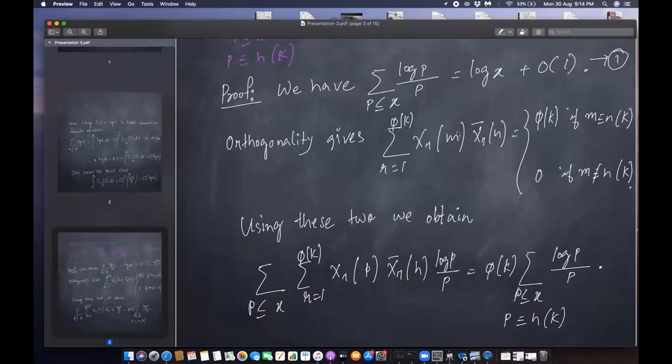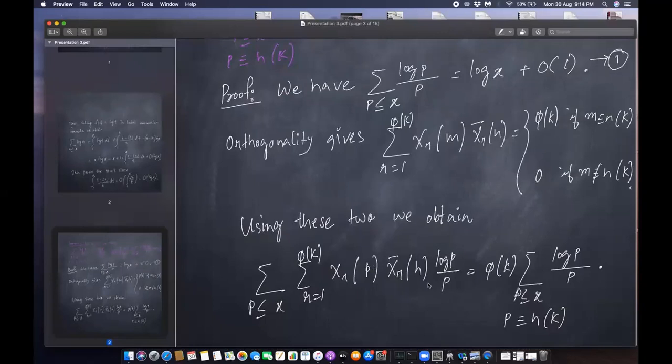We can compute this over any pair of numbers m and n, so here we choose the pair as p and h. So this sum is equal to phi of k if p is congruent to h modulo k, otherwise 0. So this sum will survive only for those primes for which p is congruent to h modulo k. Otherwise, this sum would be 0.